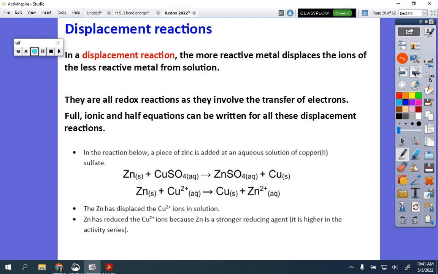So we've got a solution of one thing, and we stick a more reactive metal in it. That more reactive metal is going to kick out the less reactive metal, and that is basically what we did in our enthalpy lab when we put the zinc in with the copper sulfate. Zinc is above copper on the activity series. So zinc wants to lose electrons more than copper does.